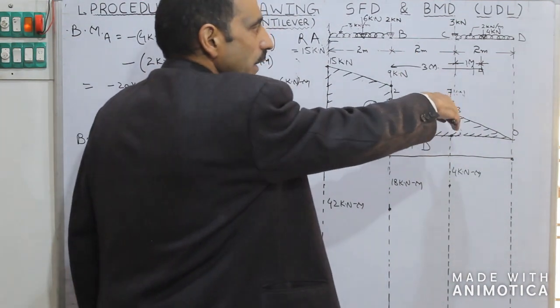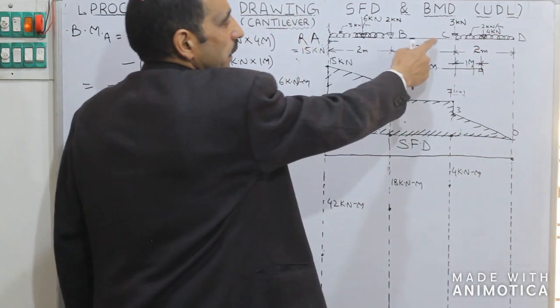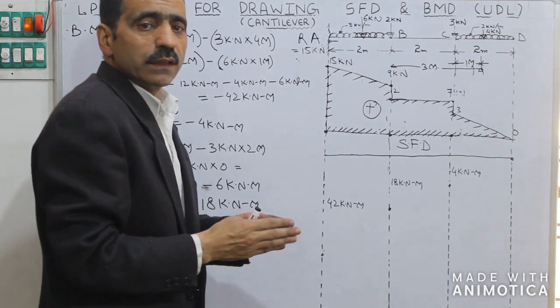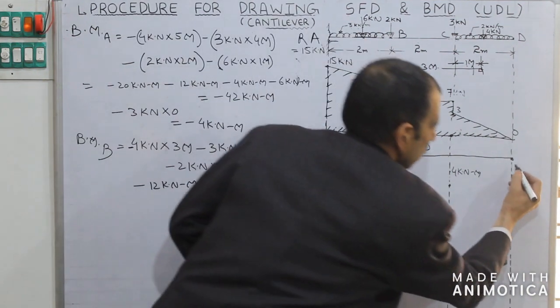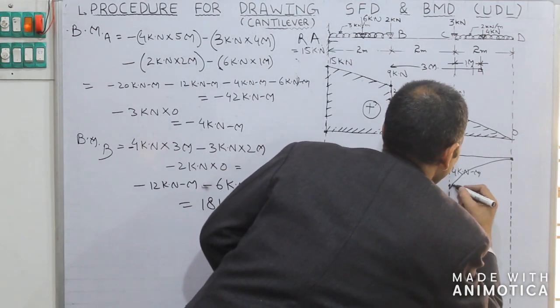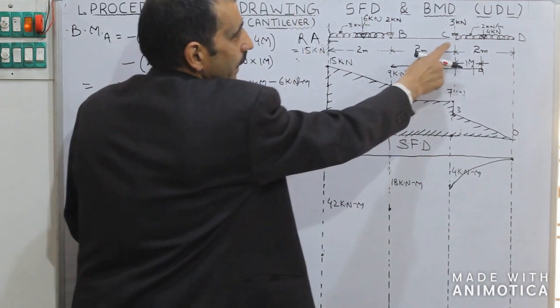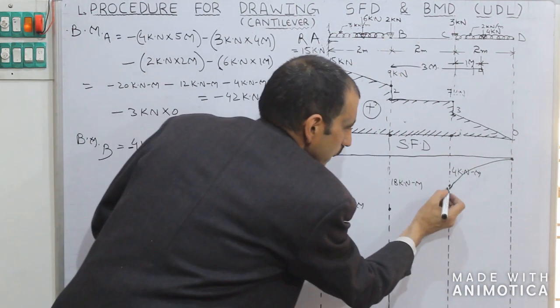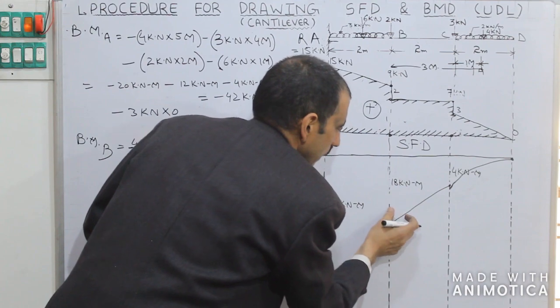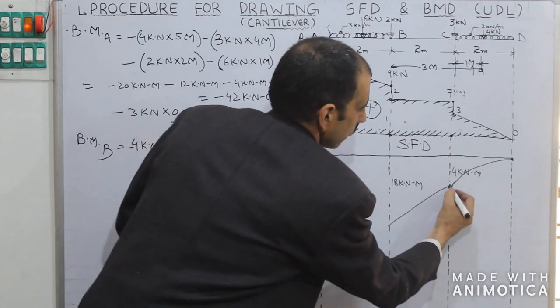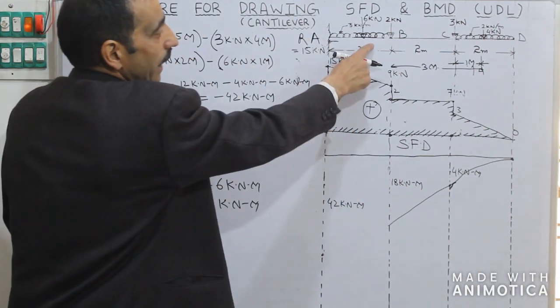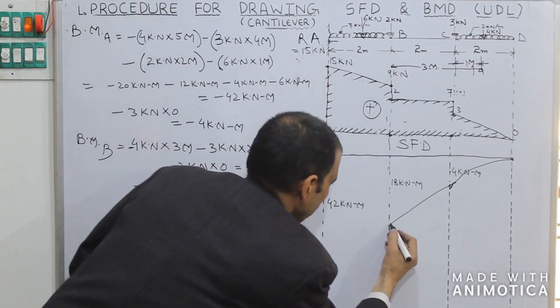For a UDL there is an inner curve, and in case of a point load we join it with the help of a scale. Inner curve, freehand inner curve. This is the UDL. After that, from this to this, the point load is straight with the help of a scale. Right? Again UDL, again inner curve.